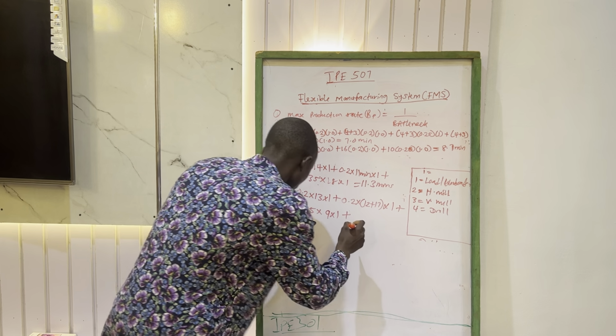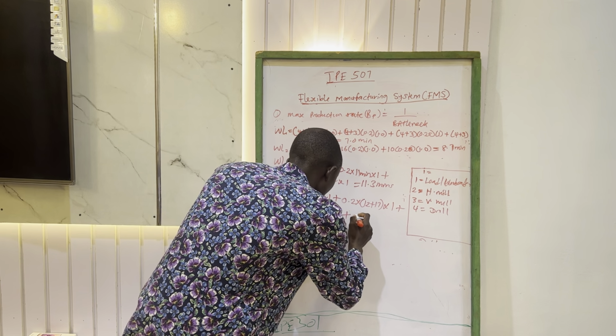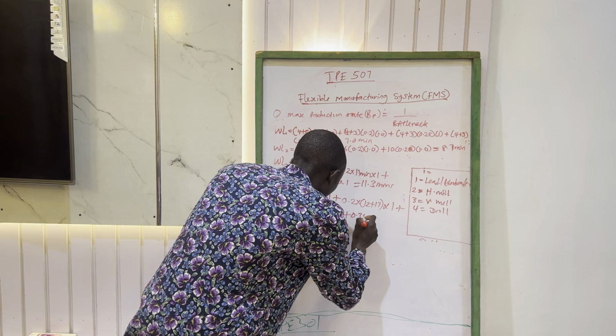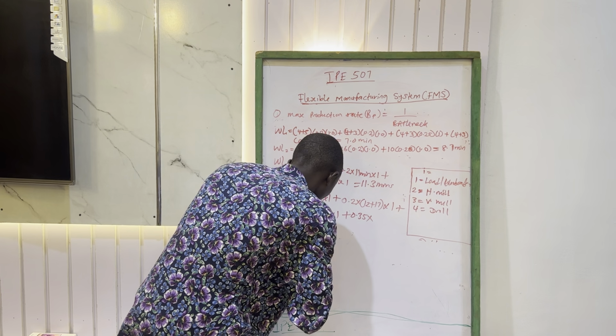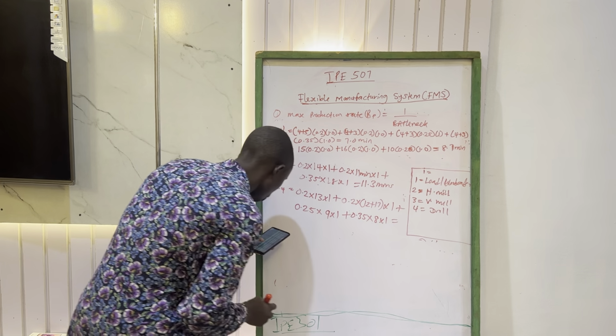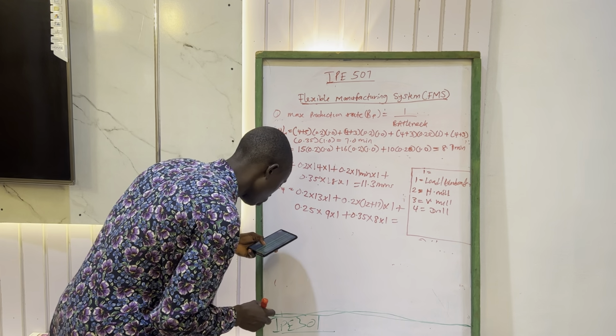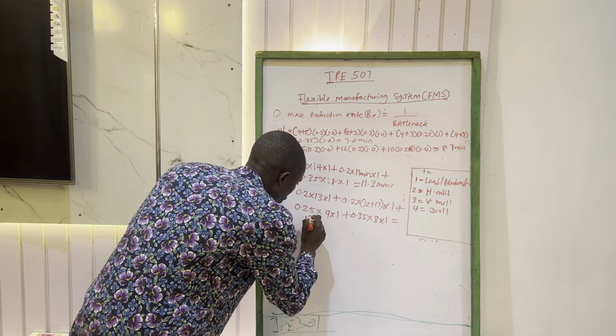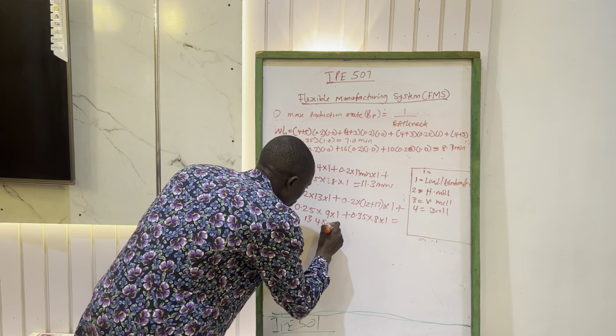Plus the last one, which is the product D. For product D, the part mix is 0.35 times the operating time 8 times 1. Sum everything together and you will get 13.45 minutes.